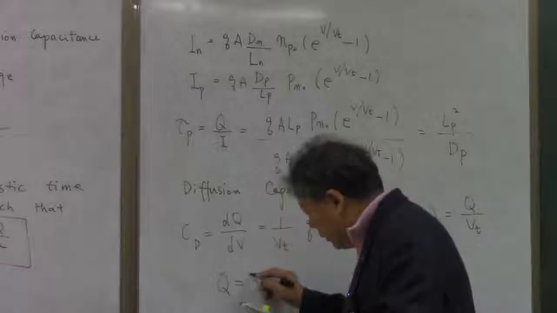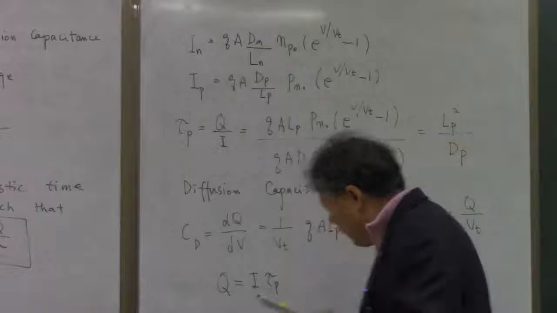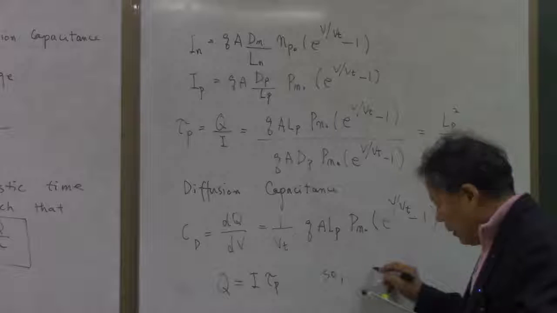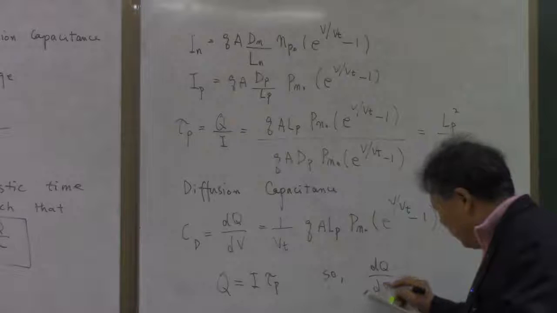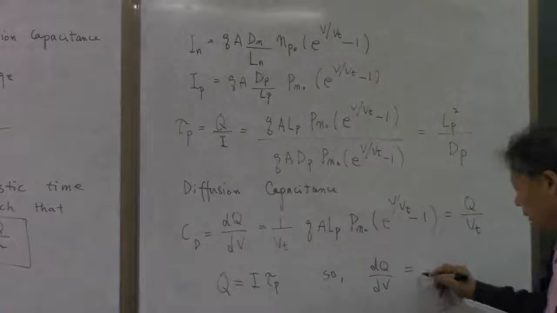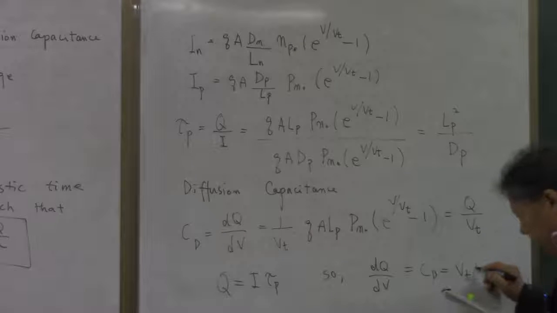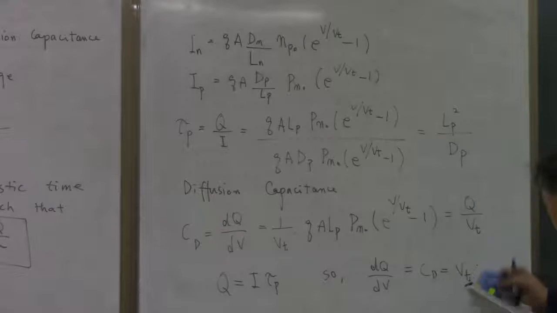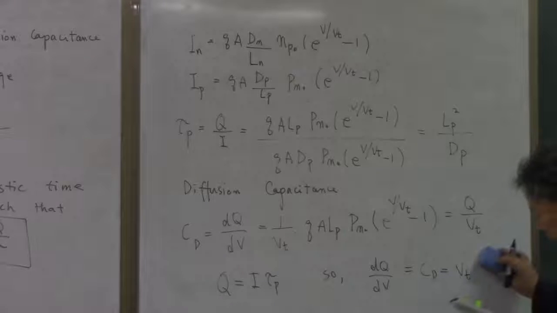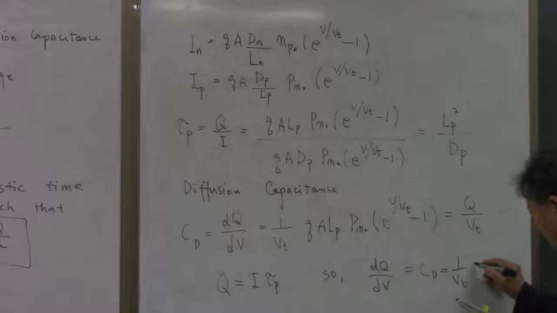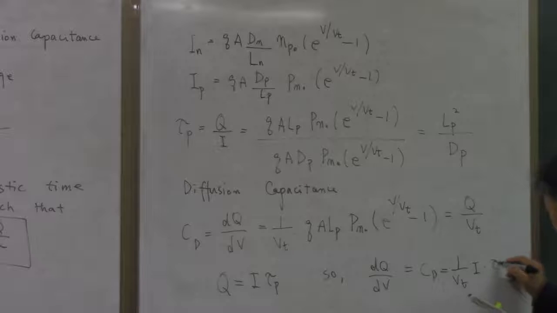And the charge is now going to be written like this. So dq over dV, which is the diffusion capacitance with this injected minority carriers, is now going to be one over Vt times I and tau p.